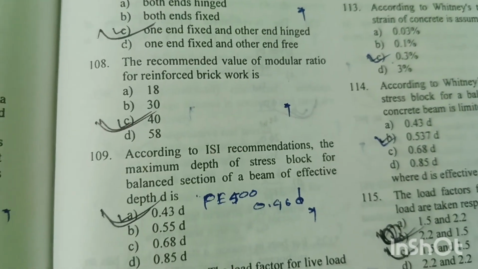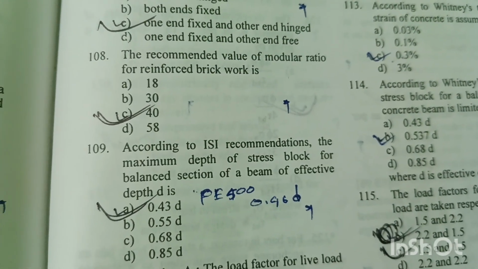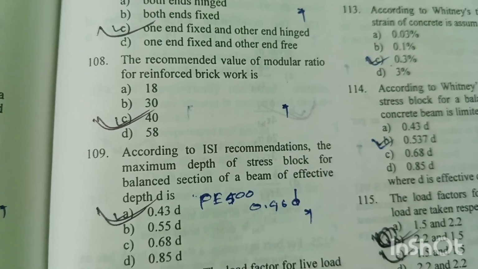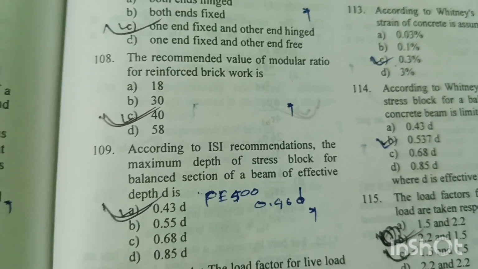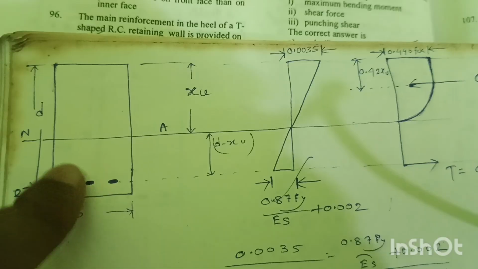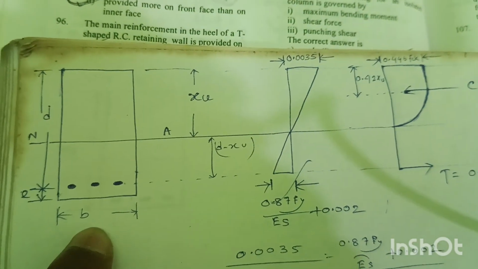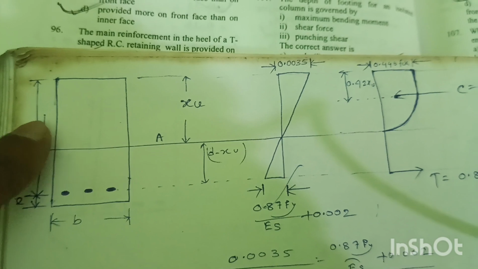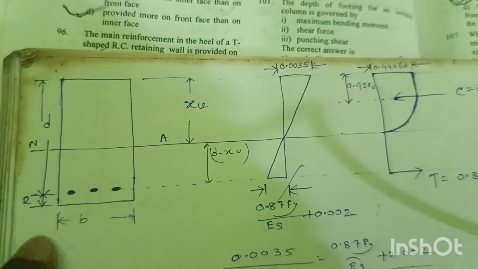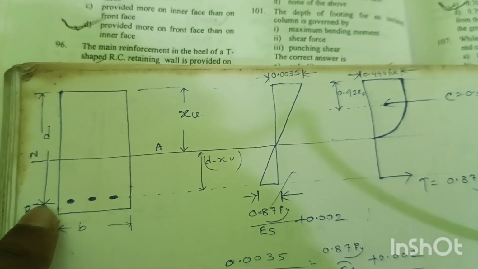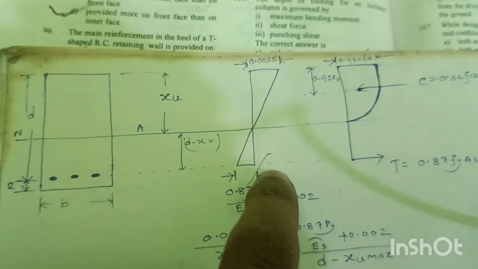Question number 109. According to ISI recommendations, the maximum depth of stress block for balanced section of a beam of effective depth d is... Suppose this is the RCC rectangular section of width B and effective depth d, and this is the effective cover. This is the strain diagram.